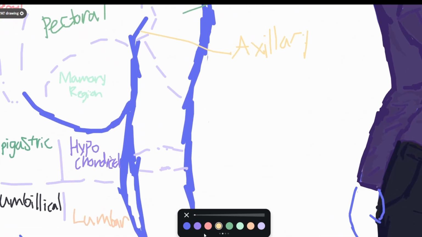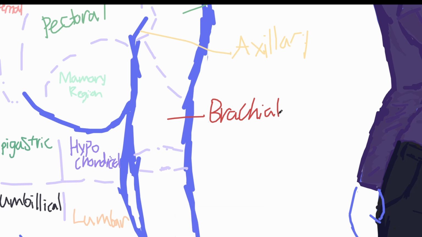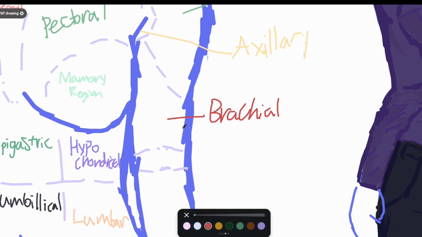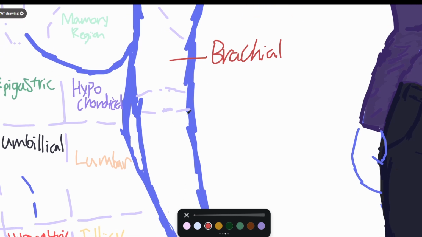And down here, these are the easier ones to remember. The brachial. Brachial kind of just refers to your, what's that muscle group, your bicep and the area right behind. I forgot. I'll throw it up on screen if I don't remember it. But remember this brachial here.